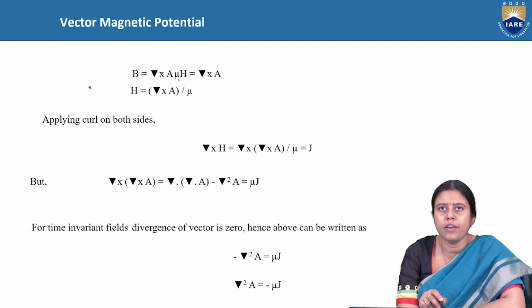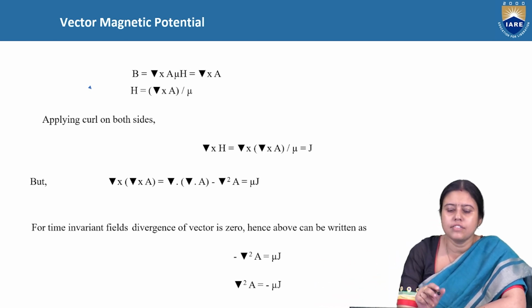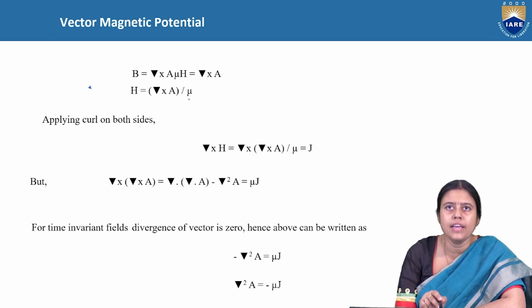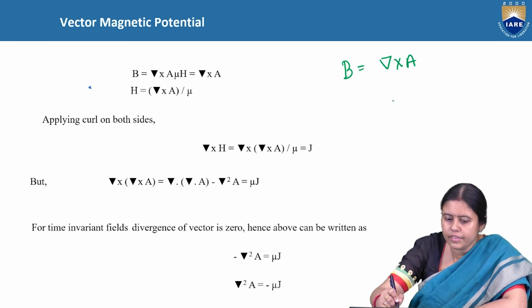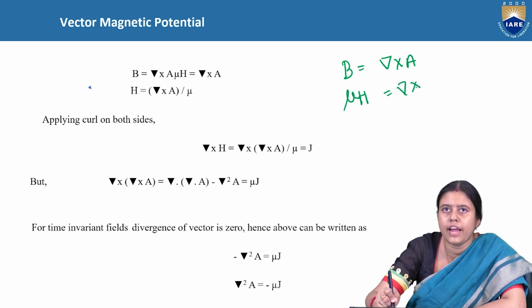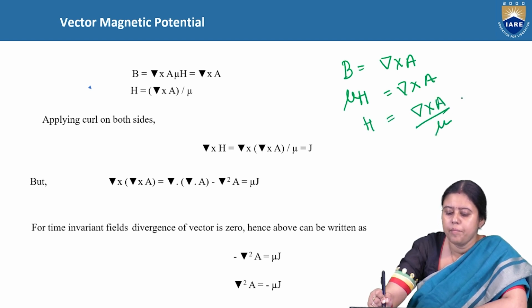So if we compare the two equations, we get B is equal to grad cross A. B is equal to mu H, which is equal to grad cross A. So H is equal to grad cross A by mu.